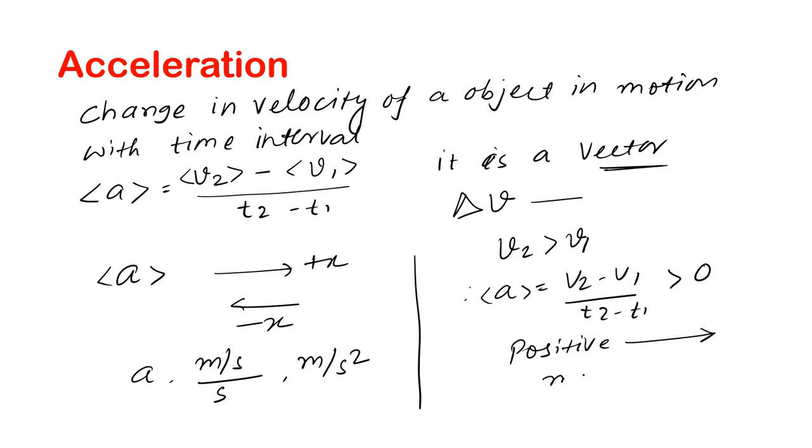If the motion is in the positive x direction, then acceleration is also in the same direction, and velocity is also in the same direction. If acceleration is negative, that means the velocity is reducing, so acceleration is in the opposite direction to that of the motion, right?